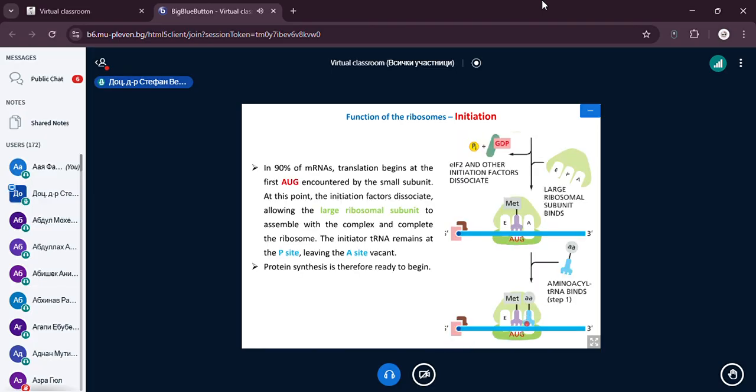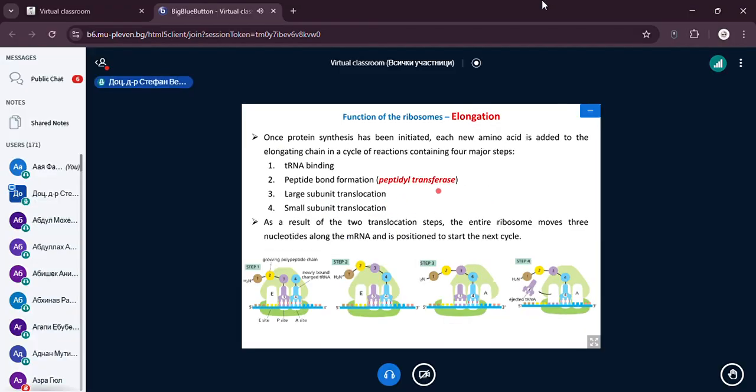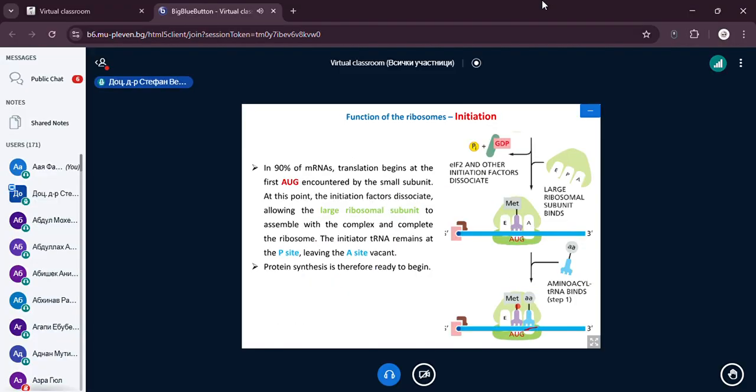The next transport RNA, which specifically binds with the codon after the start codon, becomes attached firmly by hydrogen bonds to the codon, and then there is a special enzyme in the large subunit called peptidyltransferase, which forms a peptide bond between methionine and the next amino acid.